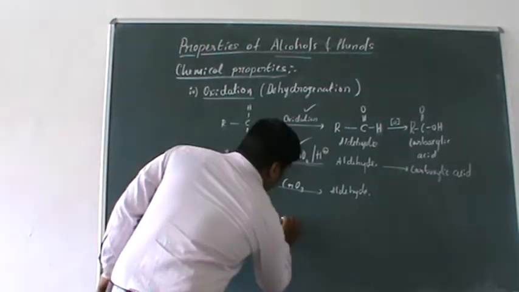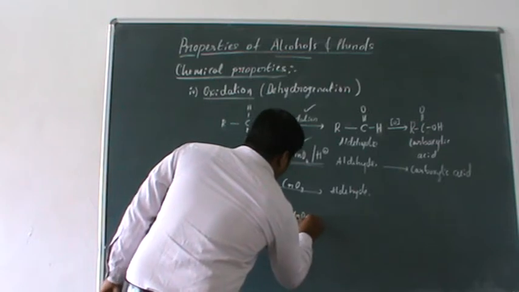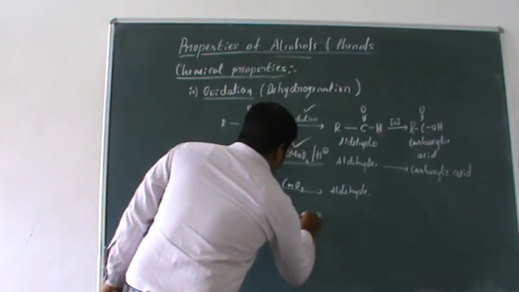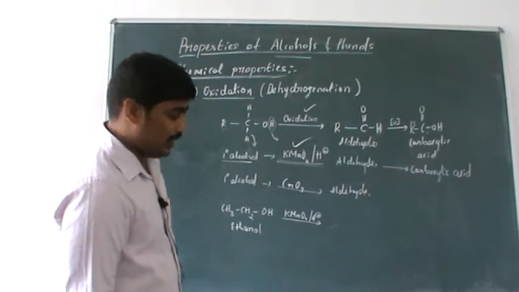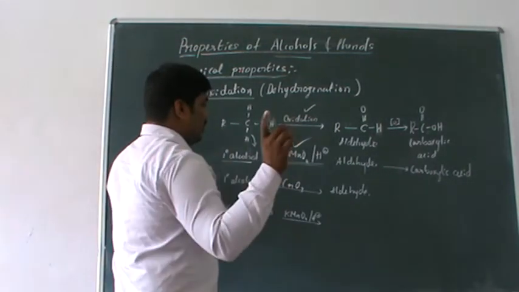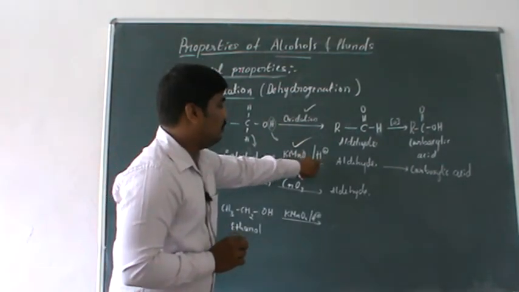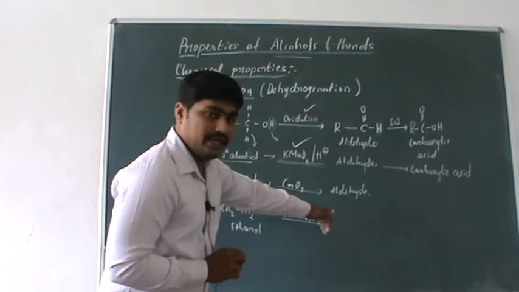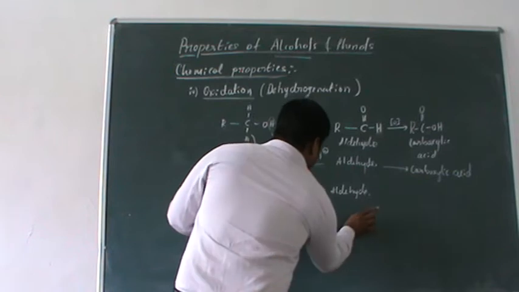When ethanol is made to react with acidified KMnO4, what type of reaction is it? Primary alcohol in the presence of KMnO4 first produces aldehyde, and along with it produces carboxylic acid.